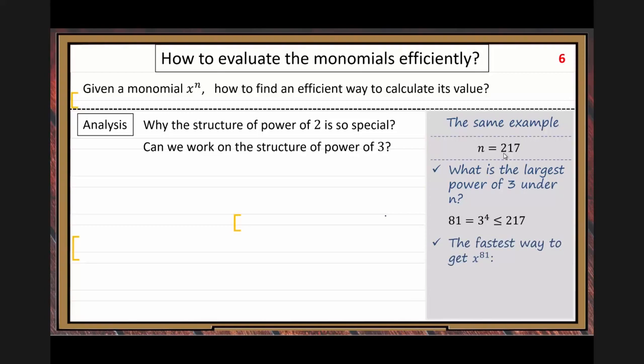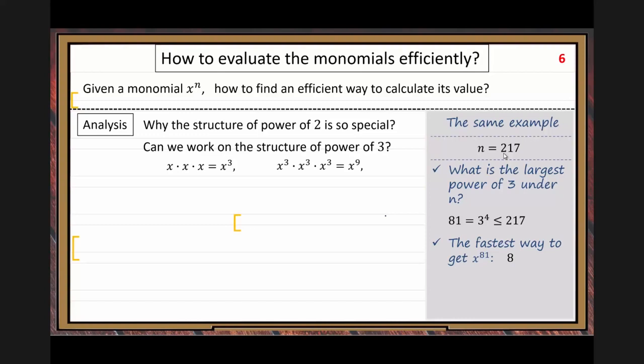The fastest way to get x to the 81st power takes 8 multiplications. Let me show you how to get the 8. First, in order to get x cubed, we need 2 multiplications: x times x times x. That's 2 multiplications, not 1.